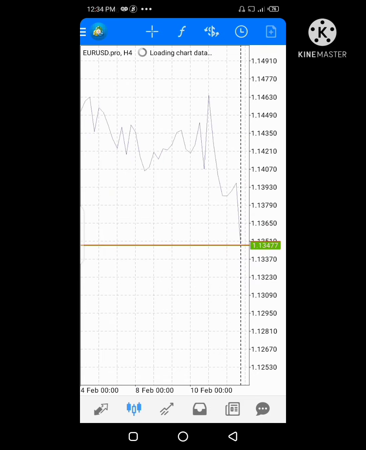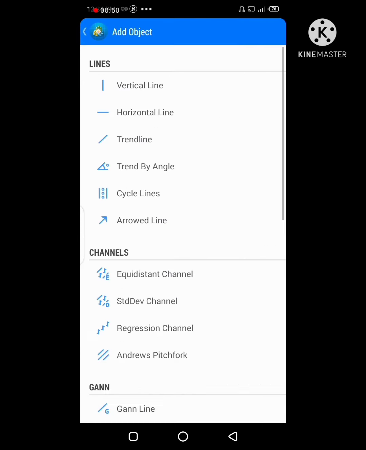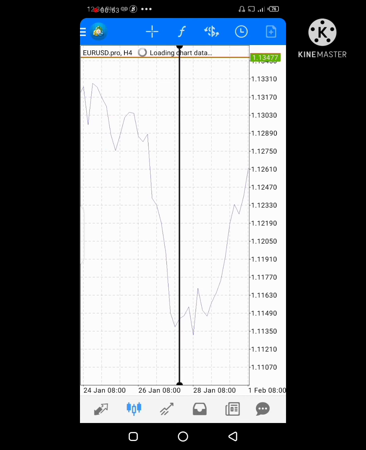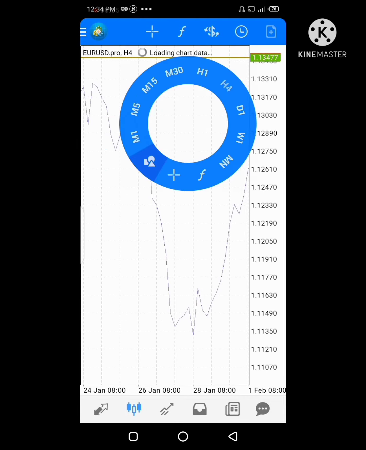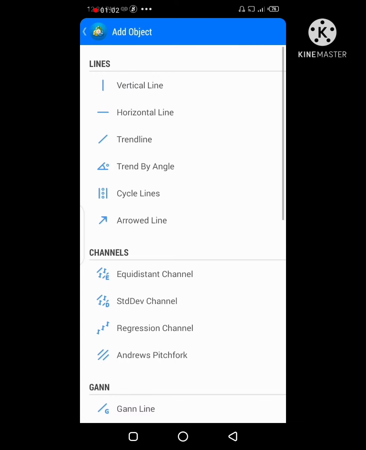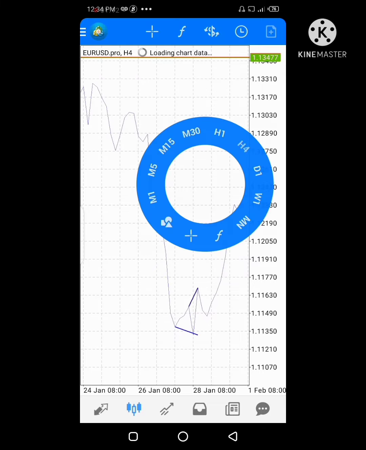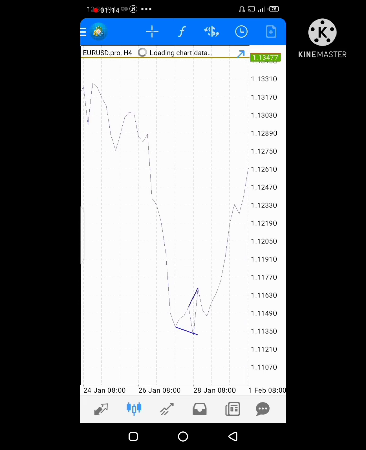I'm going to put a line here to make a higher high and a lower low. So here is the shoulder formed. This is the head.